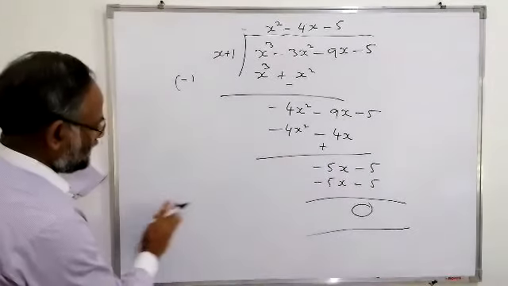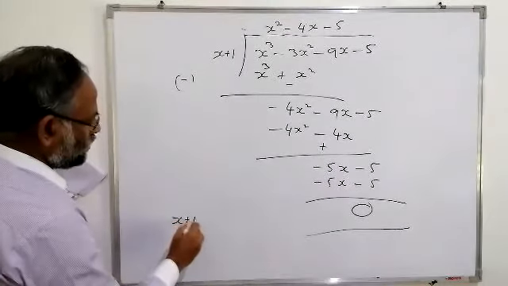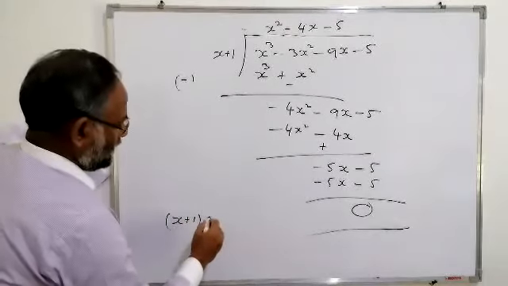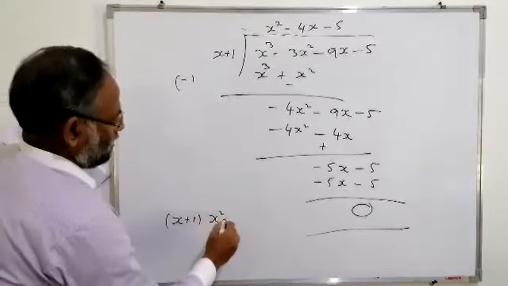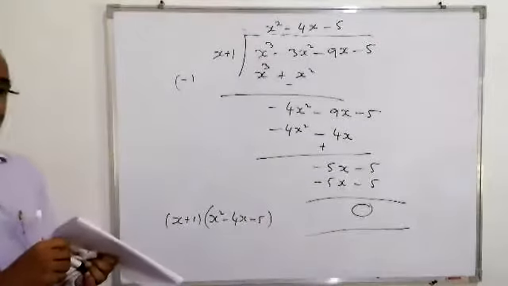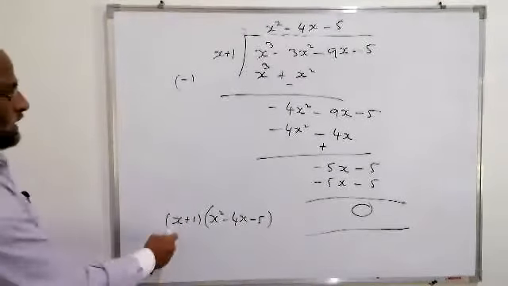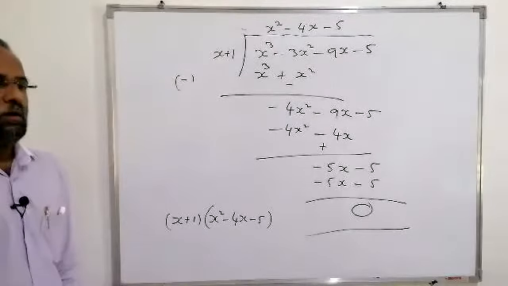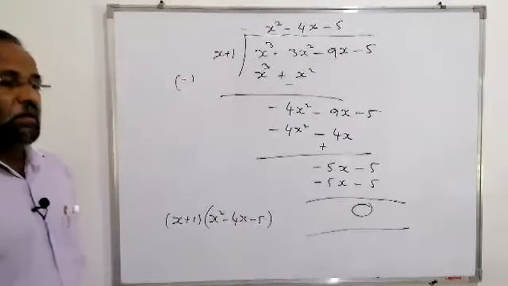Now we can write x plus 1 into x squared minus 4x minus 5. Now factorize this quadratic. Our question is factorize, not one factor and another quadratic, no. All our factors we need.